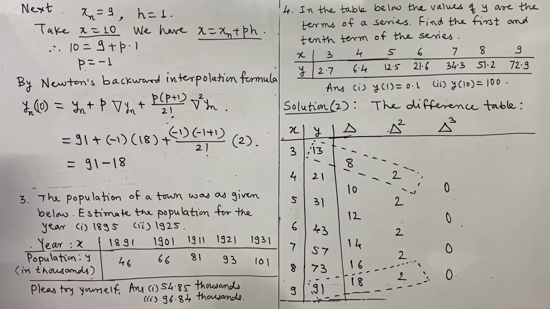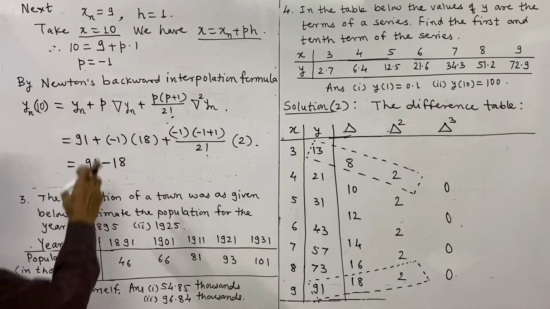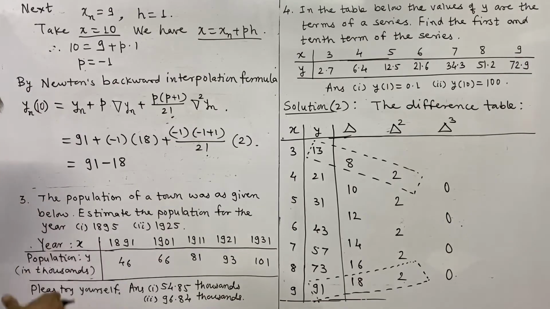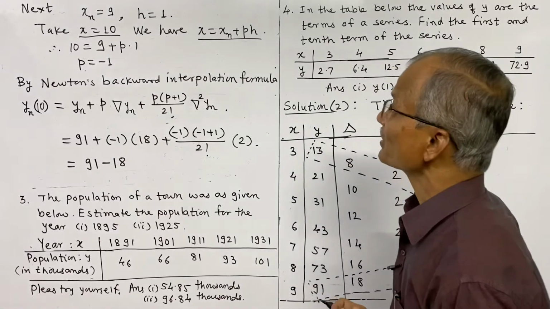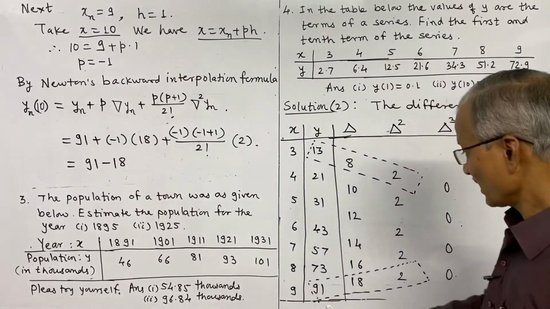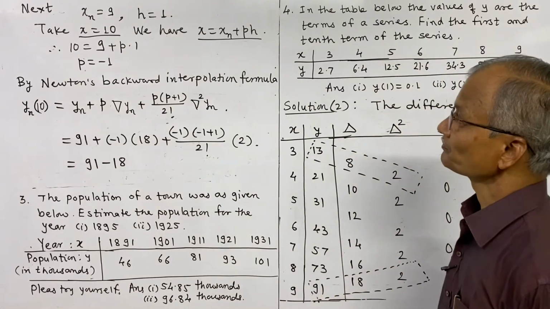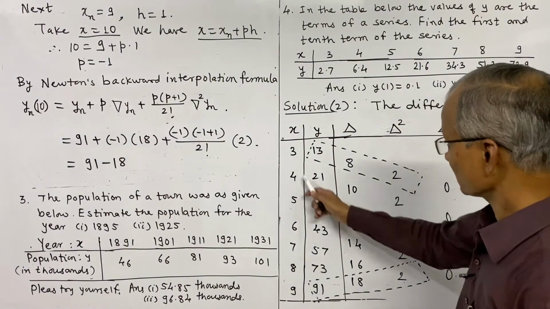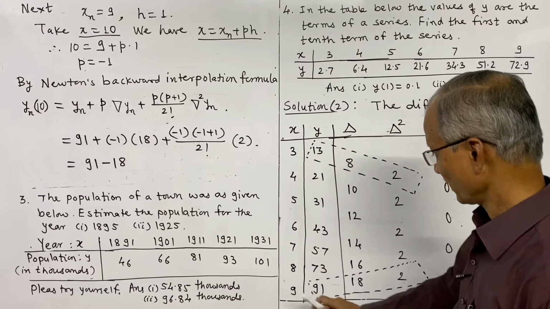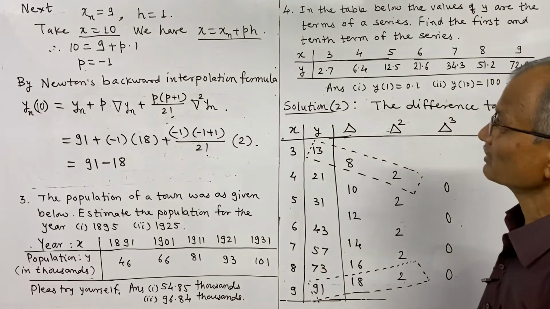It is p into p plus 1 divided by 2 factorial. So something is wrong in obtaining or writing the value of p. We shall check it again. Xn is 9, that is the 9th term of the series, 3, 4, 5, 6, 7, 8, 9. And then h is 1, that is right.